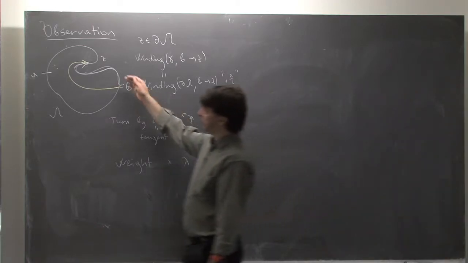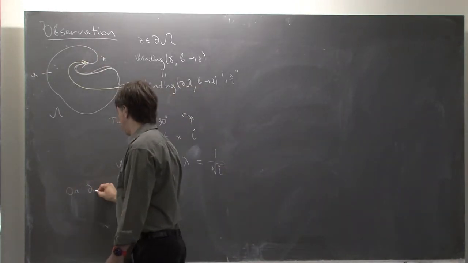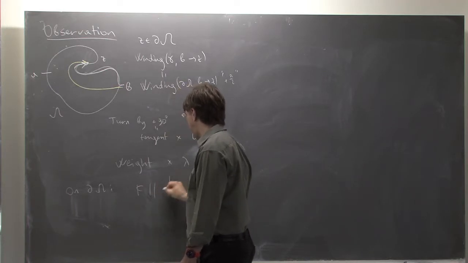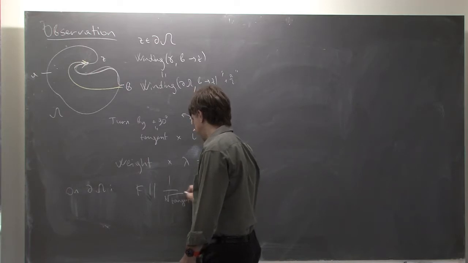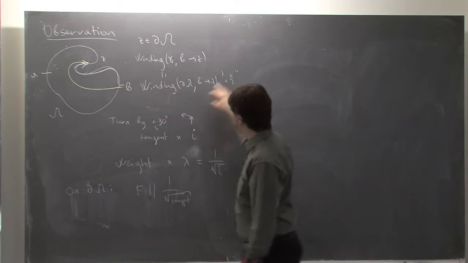So basically, if we follow the boundary of omega, f will always be parallel to 1 over the square root of the tangent vector, if we put a constant in front.